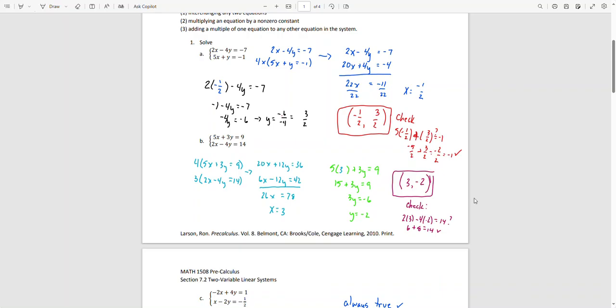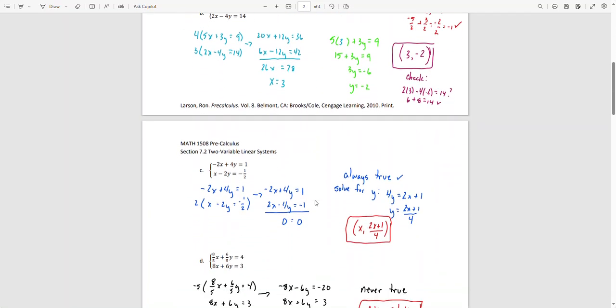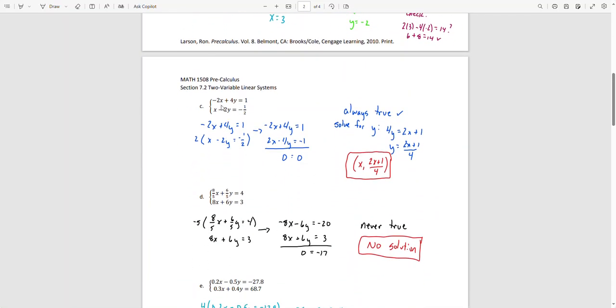All right. So each time, make the coefficient of one of the variables the same in number, opposite in sign. It doesn't matter. These ones have just been y. That's why I went with them first. But here I see minus 2x plus 4y equals 1, and a positive x minus 2y equals a negative 1/2. The x's and y's are both opposite sign already, so let's just eliminate x's.